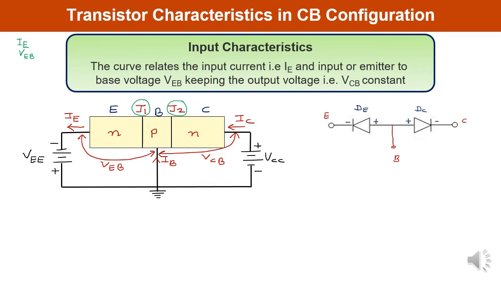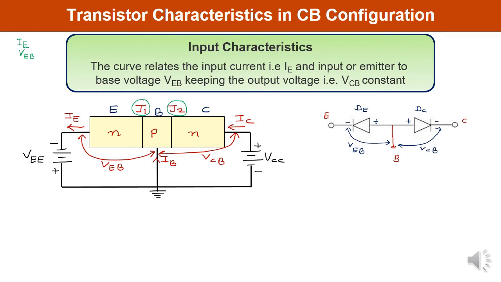So accordingly you can observe it as two diodes connected back to back, and the potential between emitter and base is nothing but VEB. The potential or the output voltage between collector and base terminal is denoted as VCB.